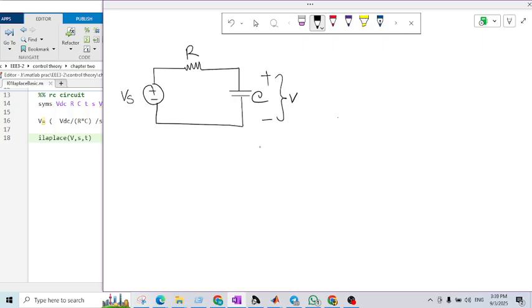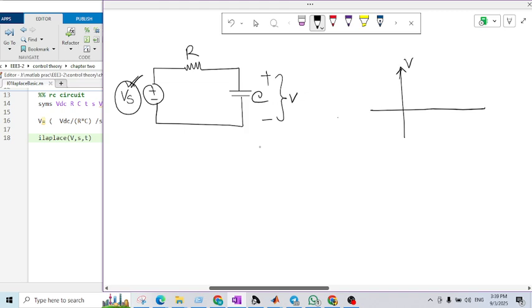So let's see. First of all, let's observe this DC source. If I draw a Vs versus time graph, I will see that at the time t equal to 0 minus, that means the time is close to 0 but less than 0, the Vs is equal to 0.